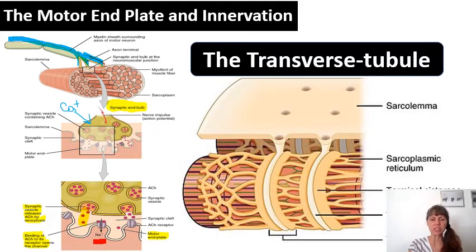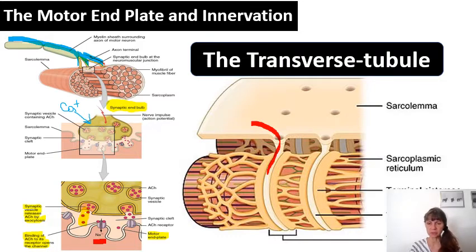This local change on the membrane of electricity or voltage on the sarcolemma spreads across the sarcolemma. And as this change in voltage spreads across the sarcolemma, it is also carried into the sarcoplasm by way of the transverse tubules.